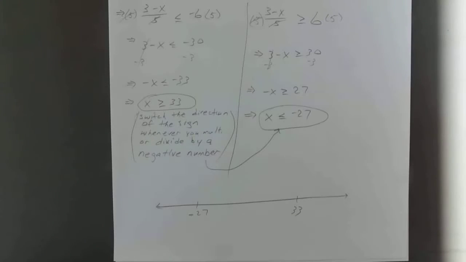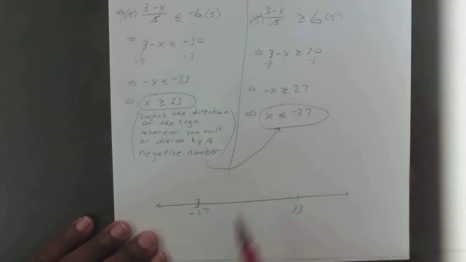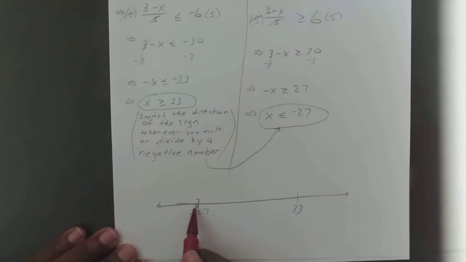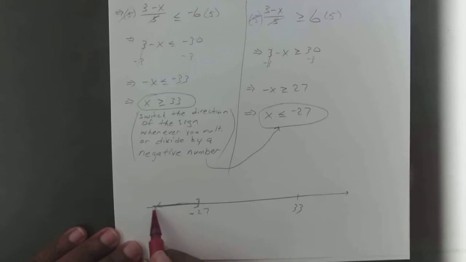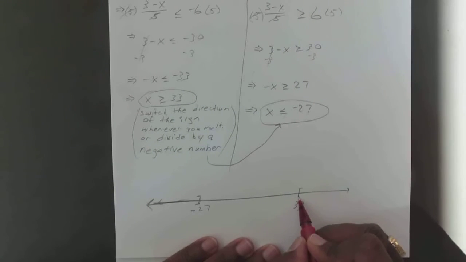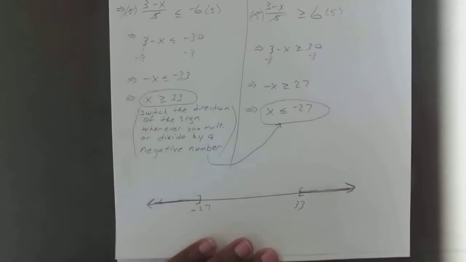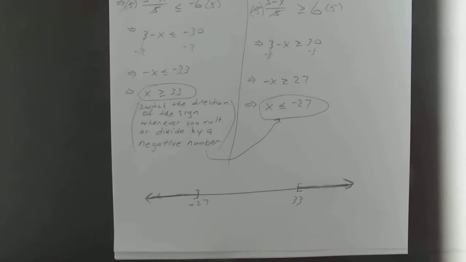When you have that equal to, you have to use the brackets. Okay, so it's less than or equal to negative 27, so everything here would make that true. And greater than or equal to 33, so you get in your bracket, and everything here makes this true. All right, and that's your answer.